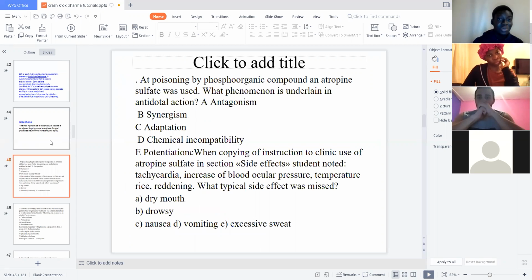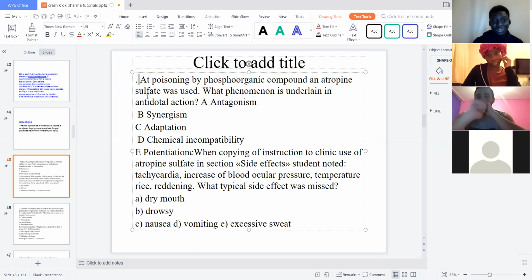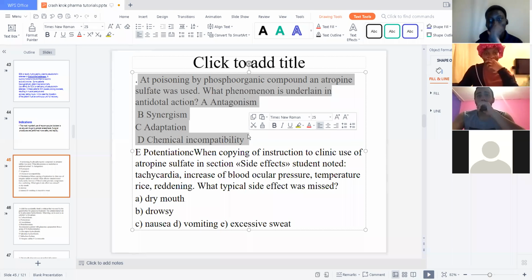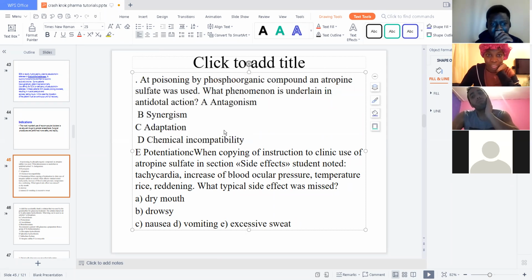Okay, so question time. Agnes, your question. At poisoning by phosphoorganic compound, an atropine sulfate was used. What phenomenon is underlying in antidotal action?